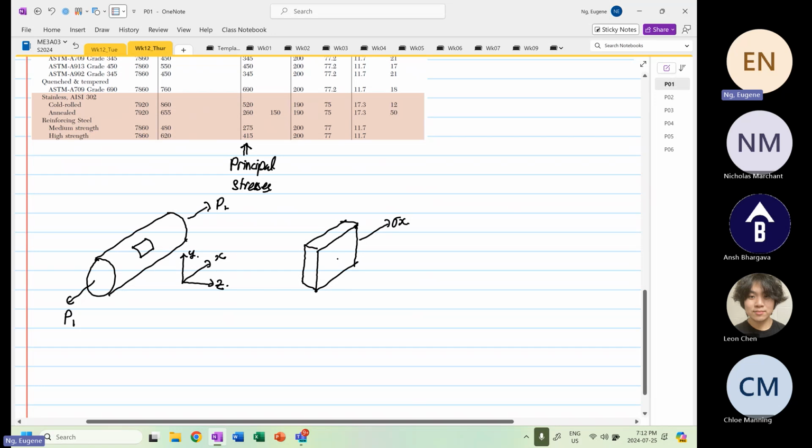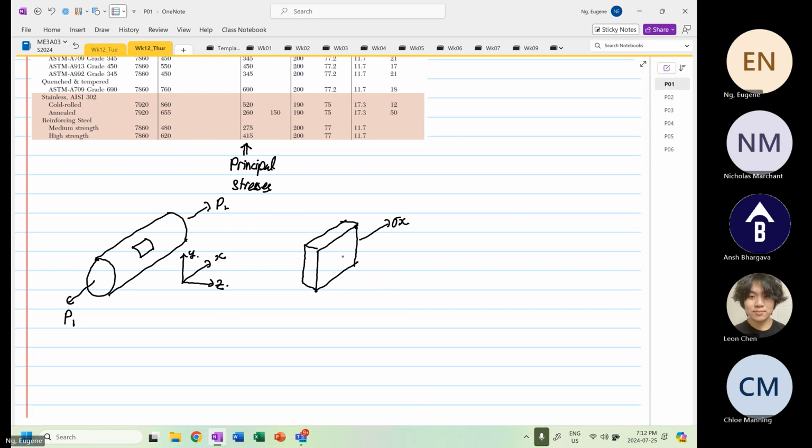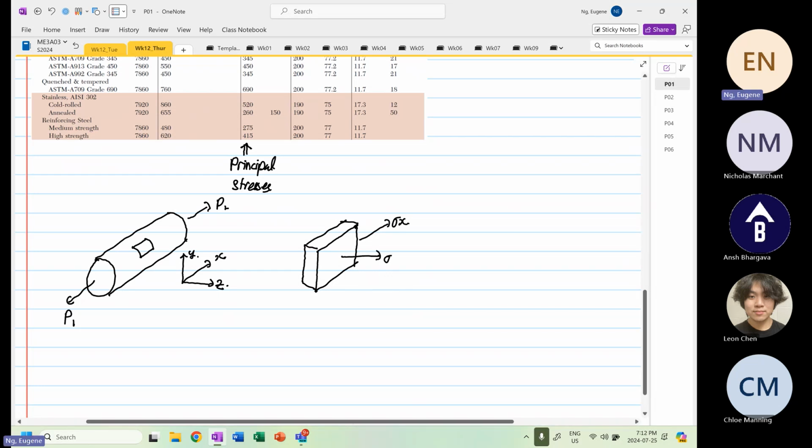So over here, sorry, I should draw a straight line, this is our stress Z, okay? And this over here is our stress Y. So from here, we know that stress Y and stress Z are equal to 0.